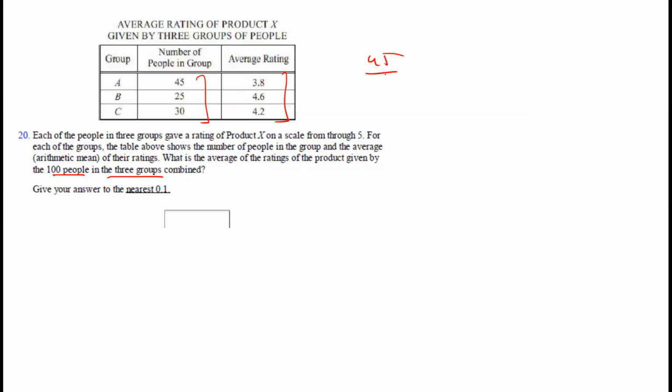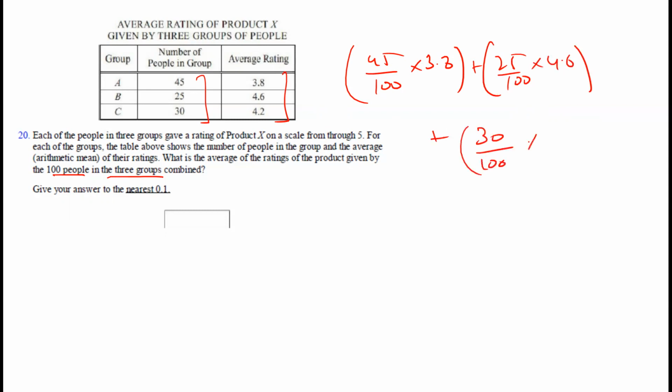So 45 out of 100 gave a rating of 3.8, 25 out of 100 gave a rating of 4.6, and 30 out of 100 gave a rating of 4.2. So we just need to find 0.45 times 3.8 plus 0.25 times 4.6 plus 0.3 times 4.2.